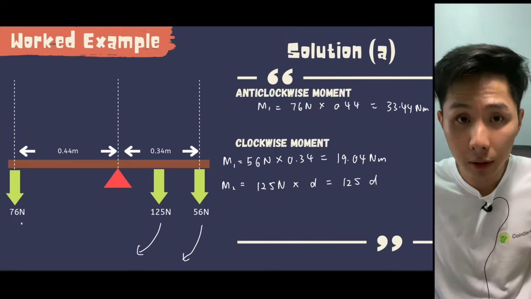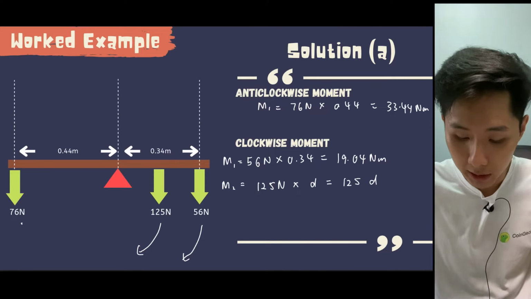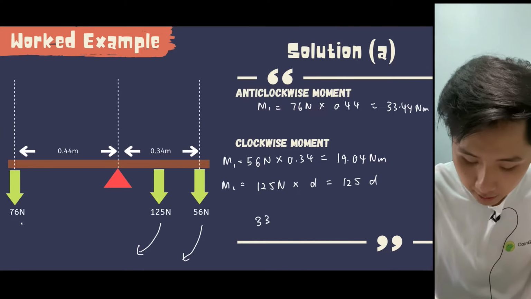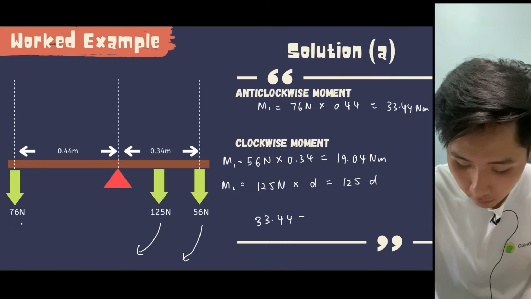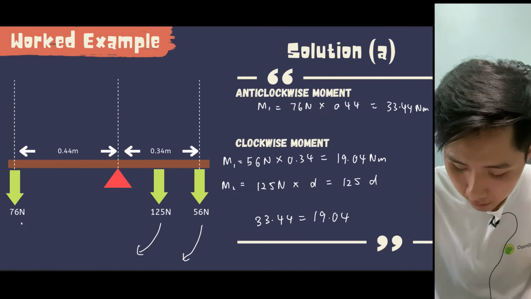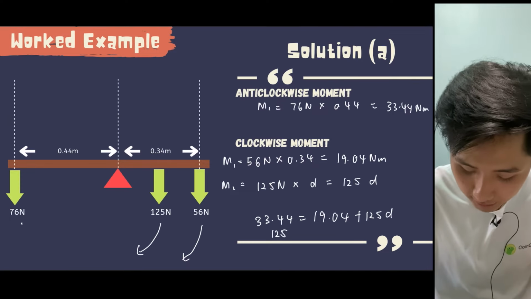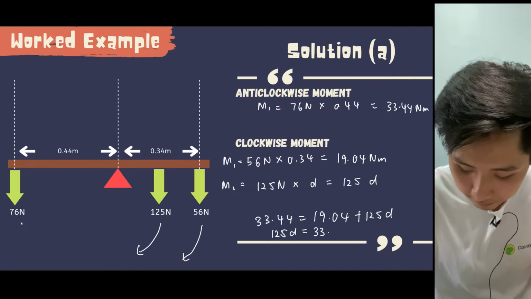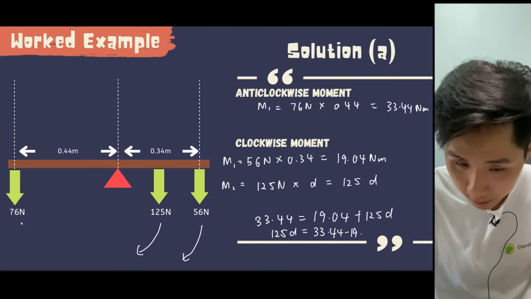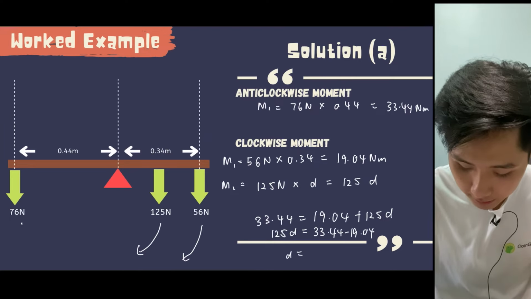And now all we have to do is let the anti-clockwise moment be equal to the clockwise moment. So I'm going to let 33.44 equal 19.04 plus 125D. I'll make D the subject and move everything to the left.